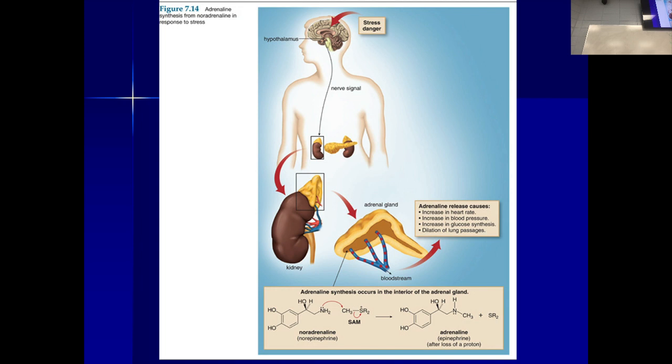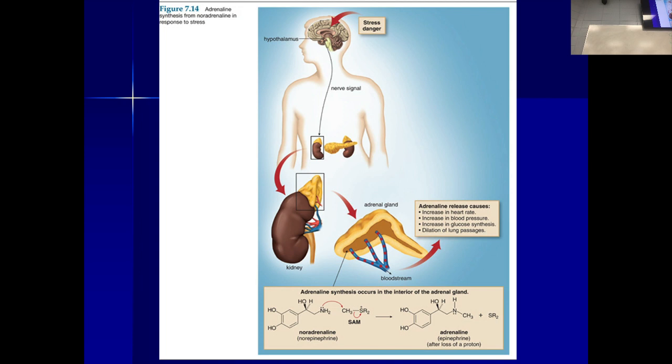And what it has is this molecule called noradrenaline or norepinephrine. It is not adrenaline yet. It does not have that methyl group on the nitrogen, right? This is relatively inactive.